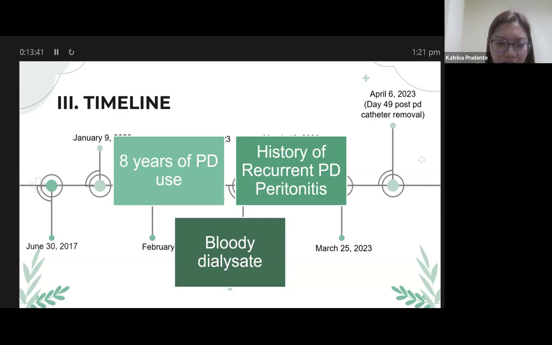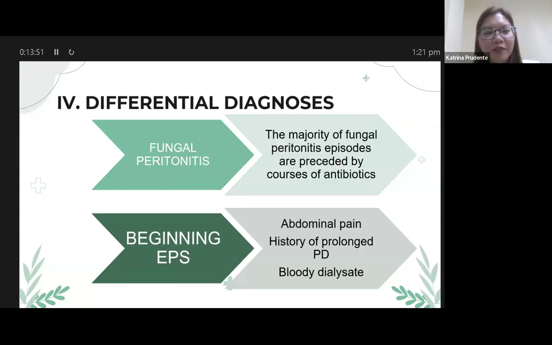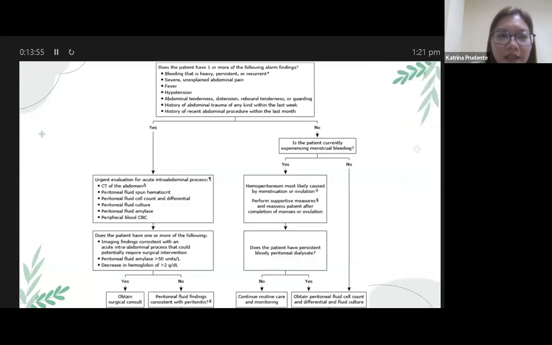Thank you, sir. To proceed, as mentioned, the following differential diagnoses were considered at this time: recurrent PD peritonitis, TB peritonitis, fungal peritonitis, and beginning EPS. As we see in this algorithm, we are presented with a patient who had a recent abdominal procedure, the PD catheter insertion, and a history of abdominal pain.